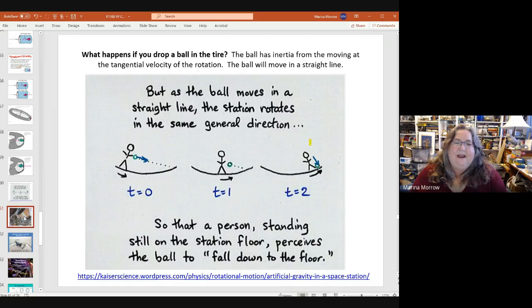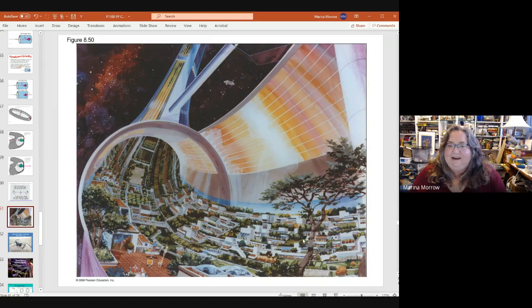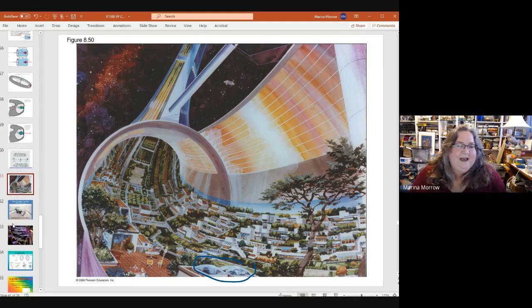So this is sort of what the interior of a space station might look like. And you can see there's running water. You could have a river, because water too would flow like normal. Trees would grow upwards against the simulated field of gravity, and everything would be normal. So it is possible.